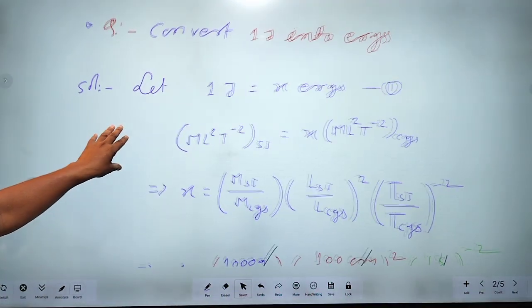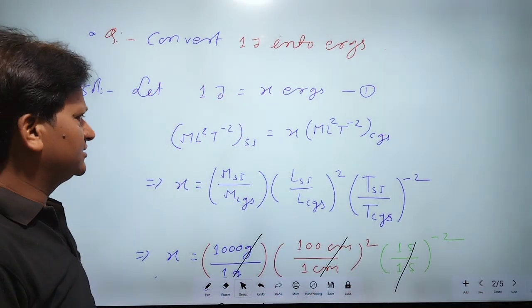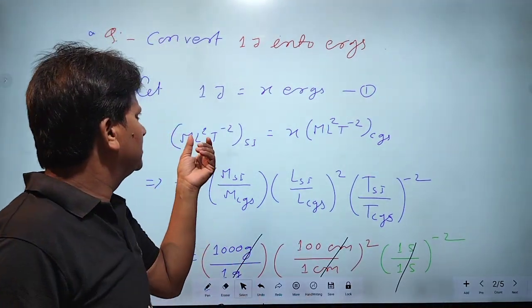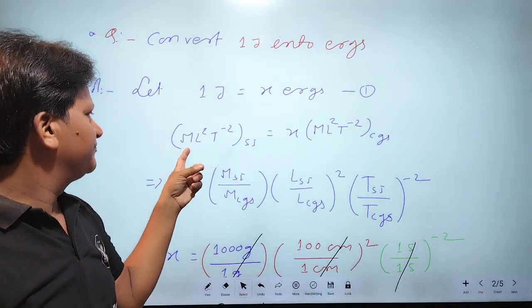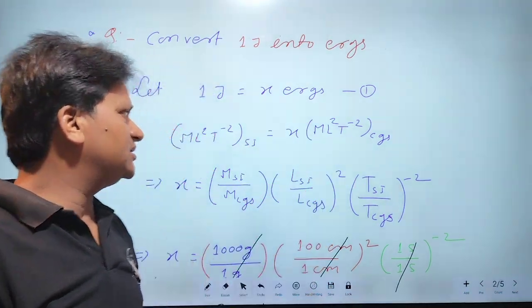Suppose 1 joule is equal to x erg. On the left side this is SI unit, on the right side this is CGS unit.